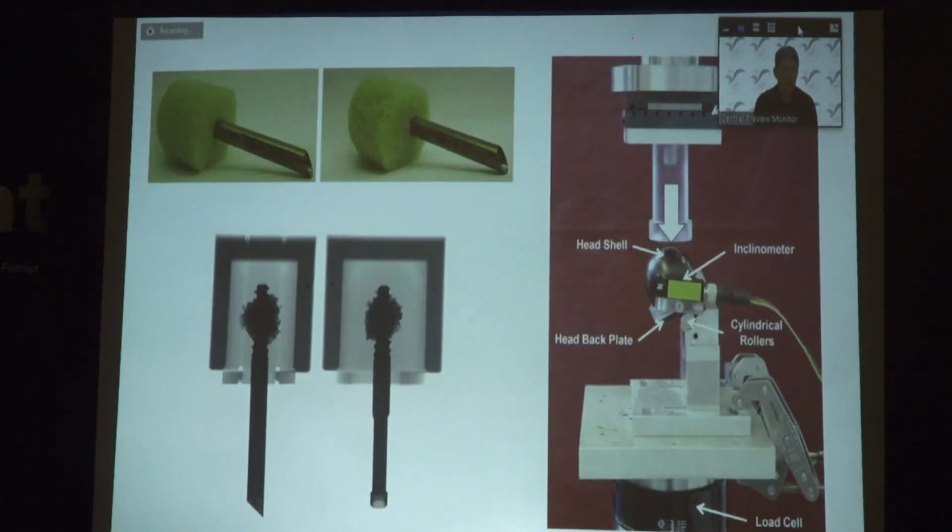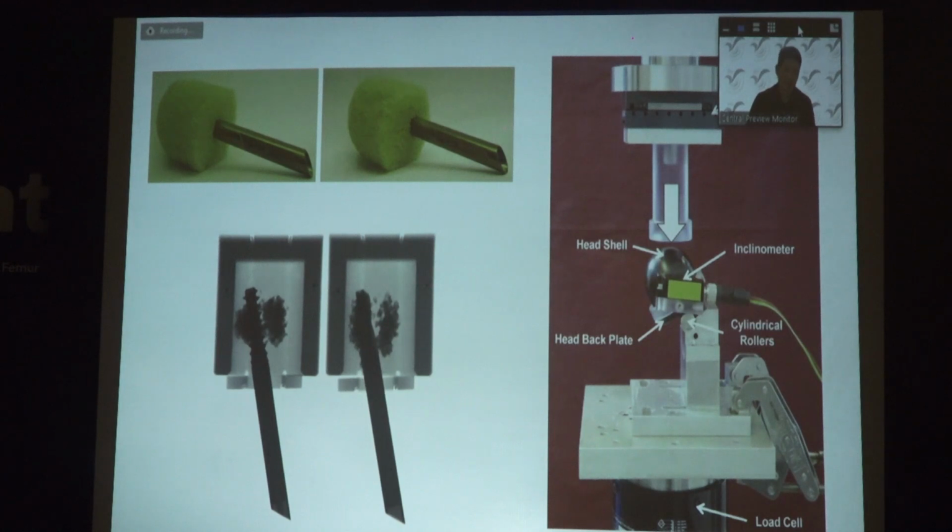So the blades and the screws were fixed, the center position is right here on the saw bone, and the off-center position. And also the cement was added in 4 groups. And they did the mechanical test, sticking the proximal femur head like this into the machine. And this was a catastrophic failure, which they measured.